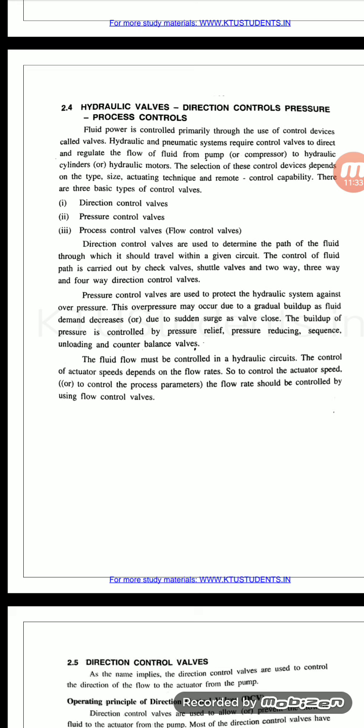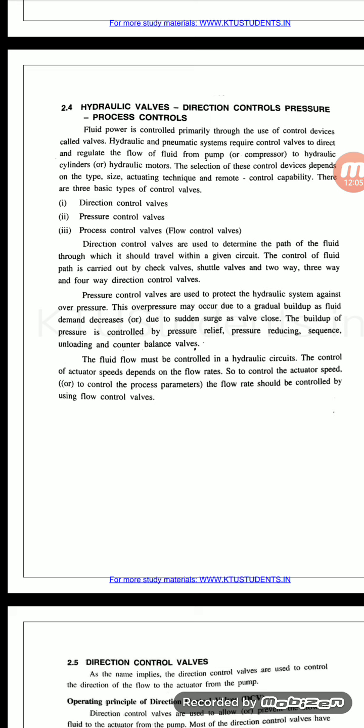These hydraulic and pneumatic systems require control valves to direct and regulate the flow of the fluid from the pump to the hydraulic cylinders and hydraulic motors. The selection of these control devices depends on the type, size, activating technique, and remote control capabilities.